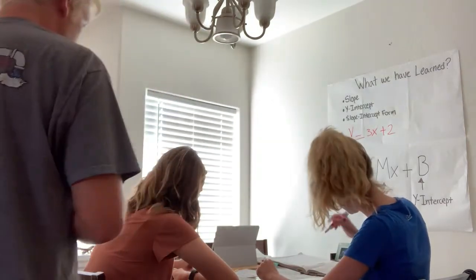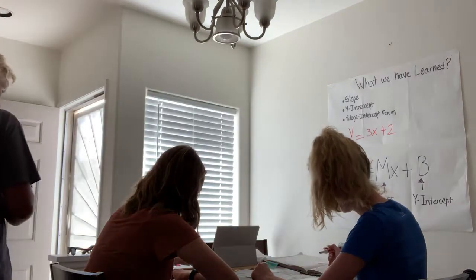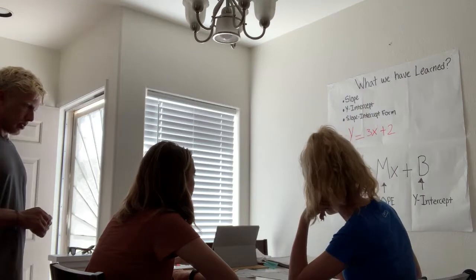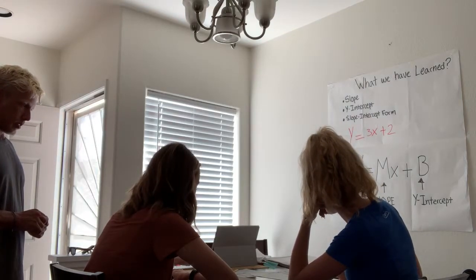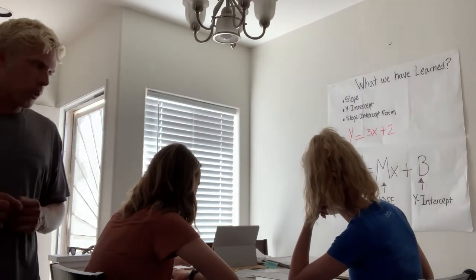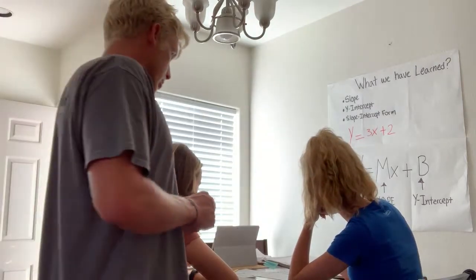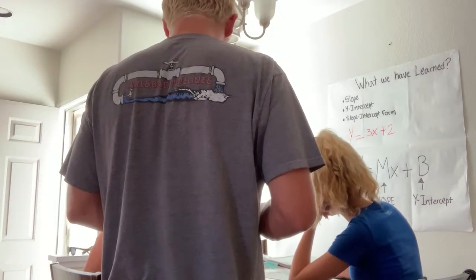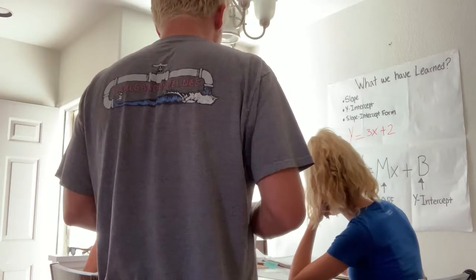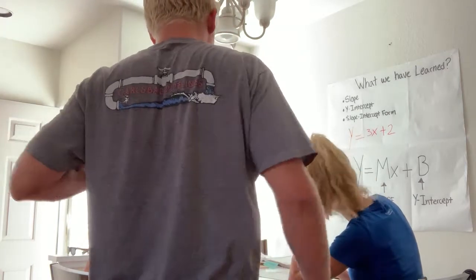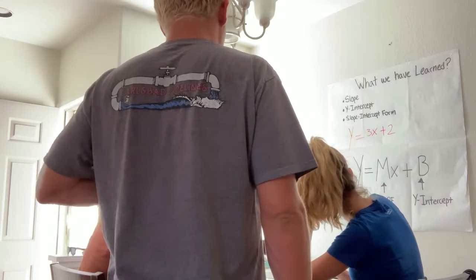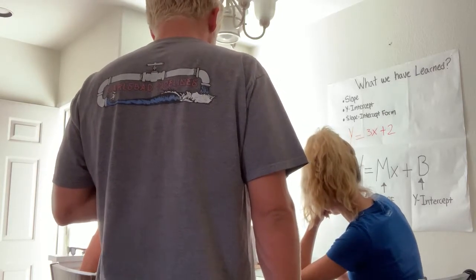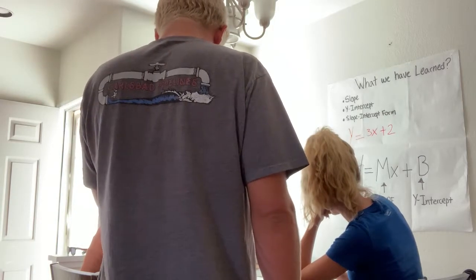Good job with your graph. So we go up 3 over 1. What would you have to do first? Graph the y-intercept first. Remember, you have a big example up there. y equals mx plus b. So what's your y-intercept? The y-intercept is 2. Good job, Jesse.